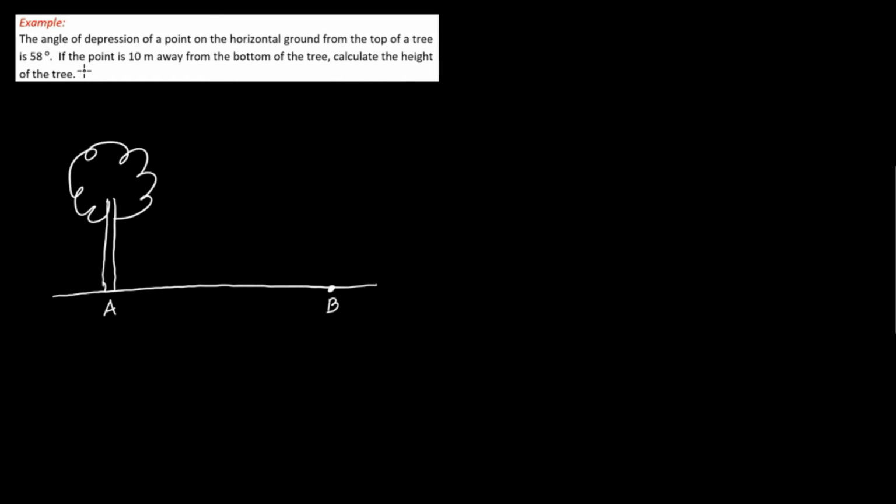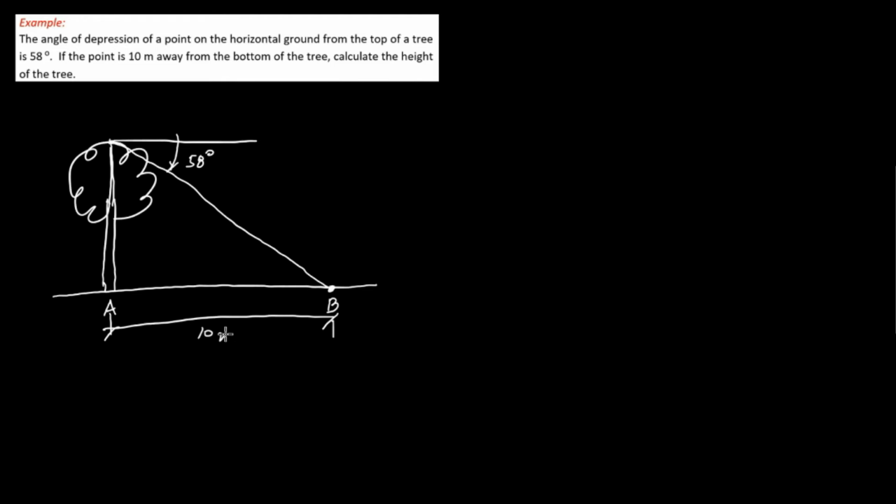And we have the angle of depression from the top of the tree. So this is the top of the tree up to the point B, and this is the angle of depression, which is 58 degrees, and it is 10 meters away from the bottom of the tree up to point B. So this distance is equivalent to 10 meters.